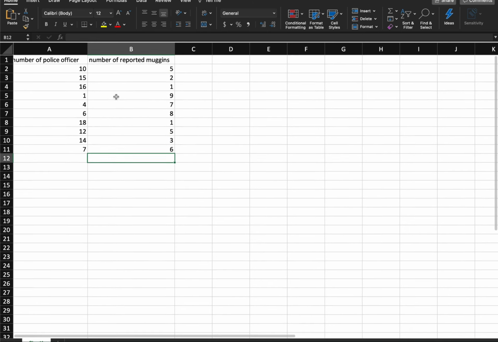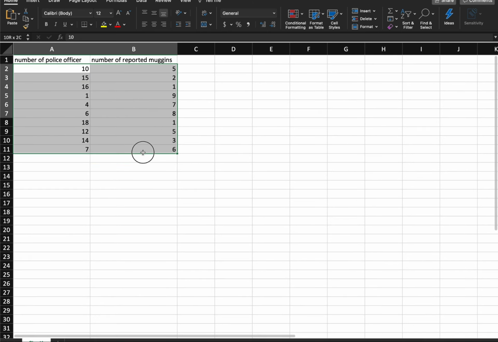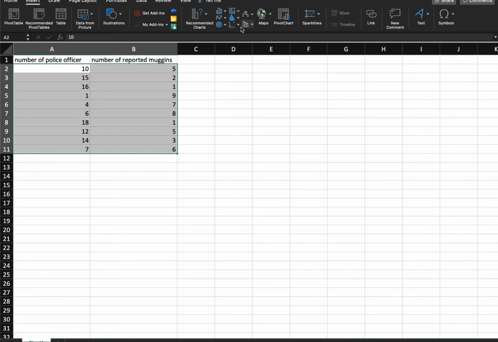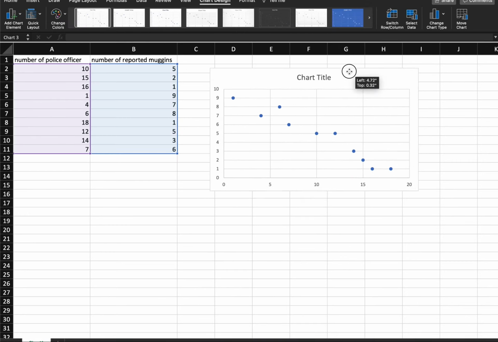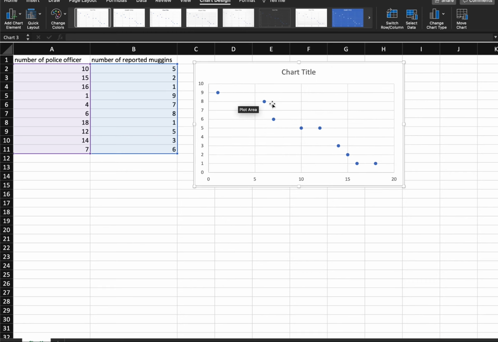The first thing I will do is recreate our scatter plot. So again, you press insert, and notice that you have something called scatter. You click on this, and notice that this is exactly what we wrote down in our notes.